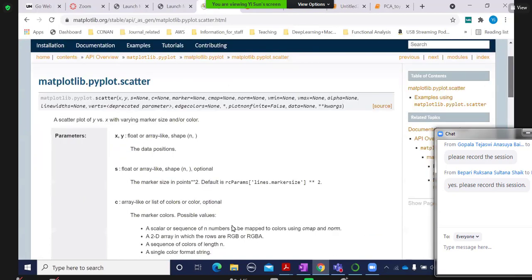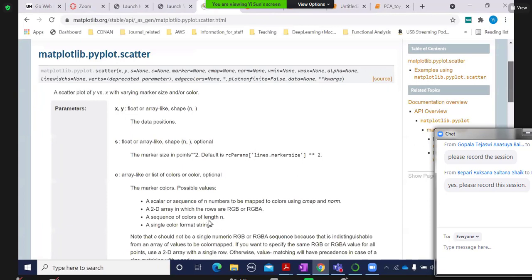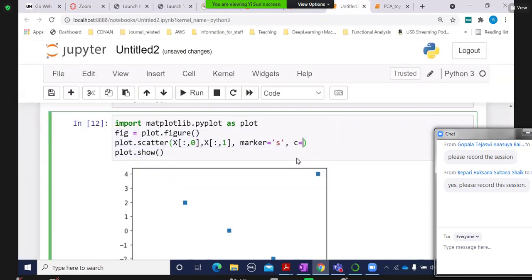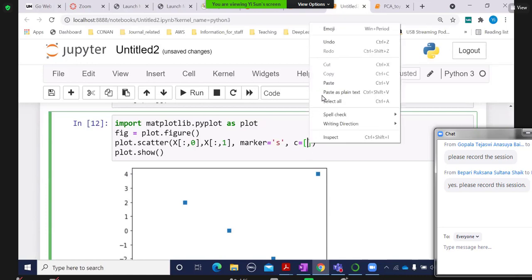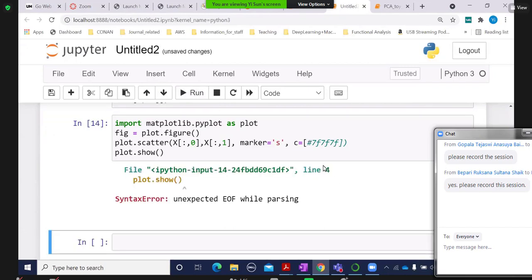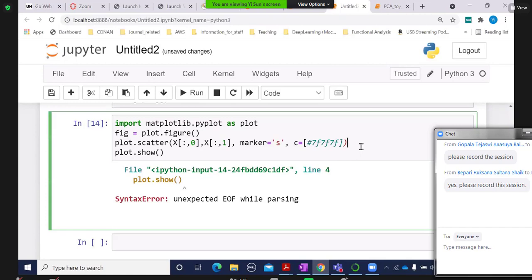So let's say, for example, I want to use this color. It is an array. I can add a little bit more to here. Run it again this time. That is because I don't have this here. Let me see.